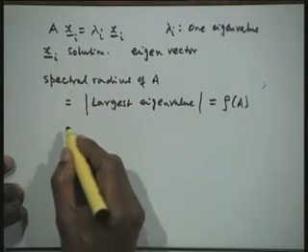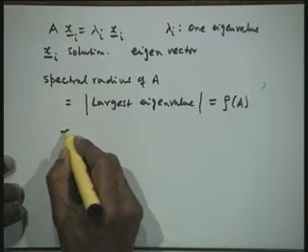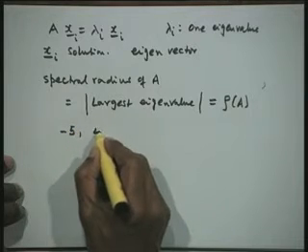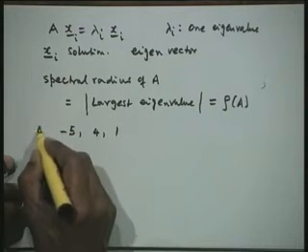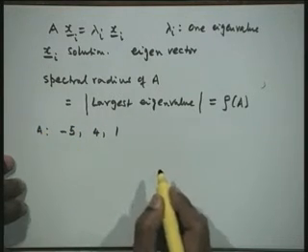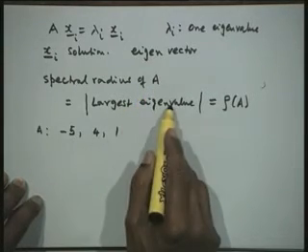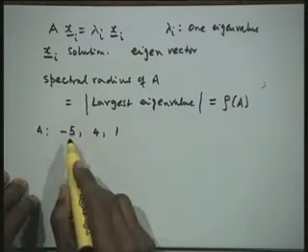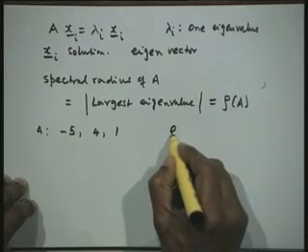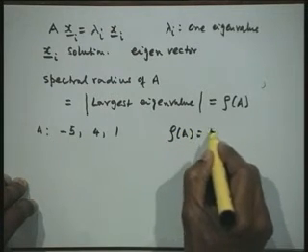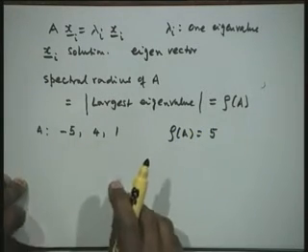Now, for example, let us suppose a 3 by 3 matrix has 3 eigenvalues. We are talking about the spectral radius of A as the largest eigenvalue in magnitude. Therefore, the spectral radius of A will be equal to 5, the largest eigenvalue in magnitude.